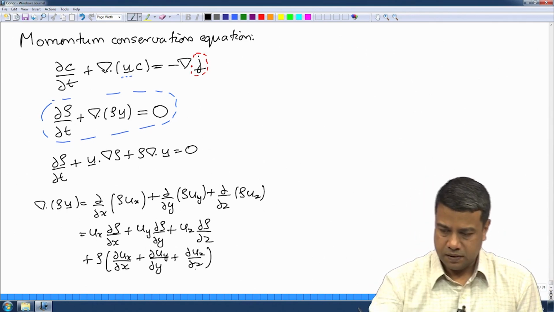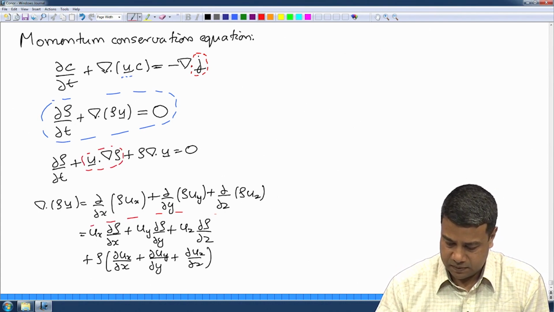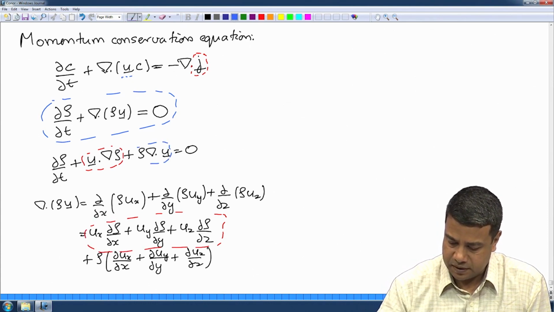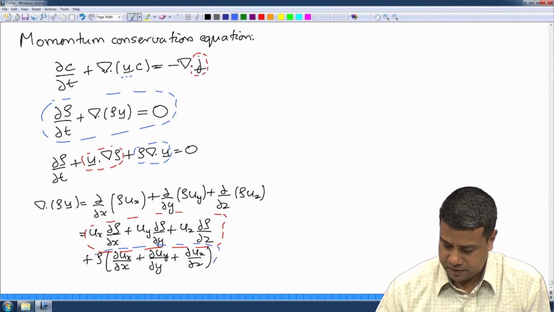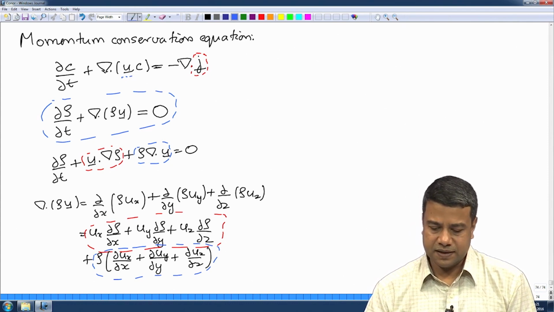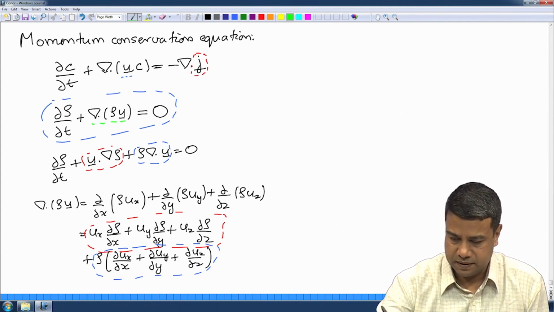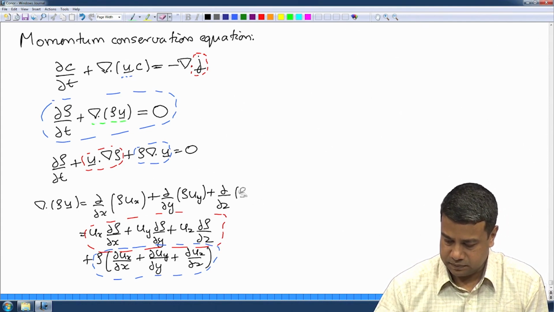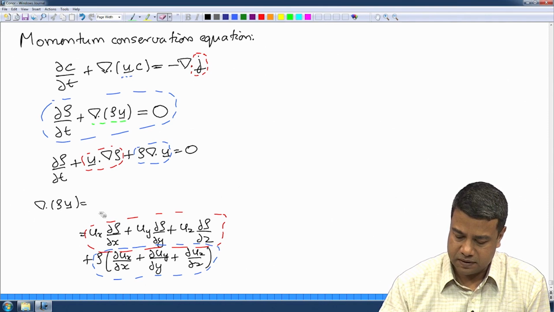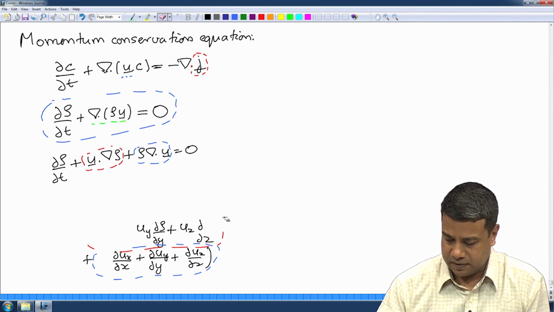This first term is what I get by expanding by chain rule, and the second term is the second term here. So, that is just an expansion of this first term using chain rule for differentiation. And a similar procedure can be done in spherical coordinates or cylindrical coordinates or any other coordinate system as well. You can always expand it out.